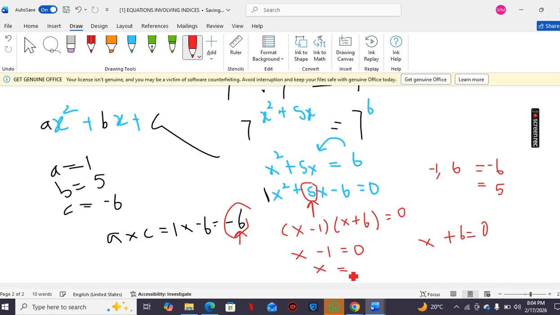You get x equals positive 1, because this negative 1 has gone over this side. We're going to get x equals negative 6, because this 6 is going over this side, so it becomes negative.